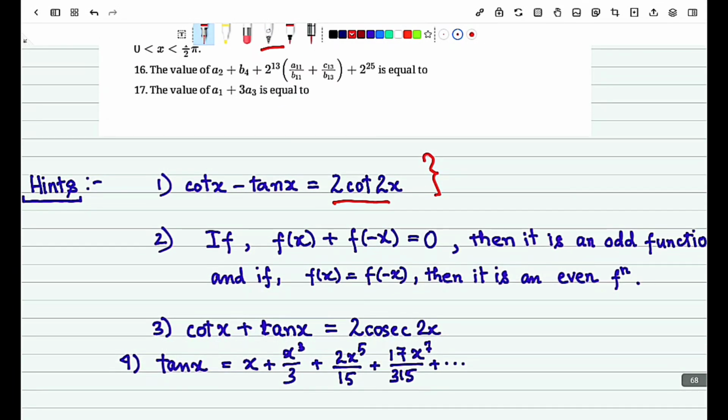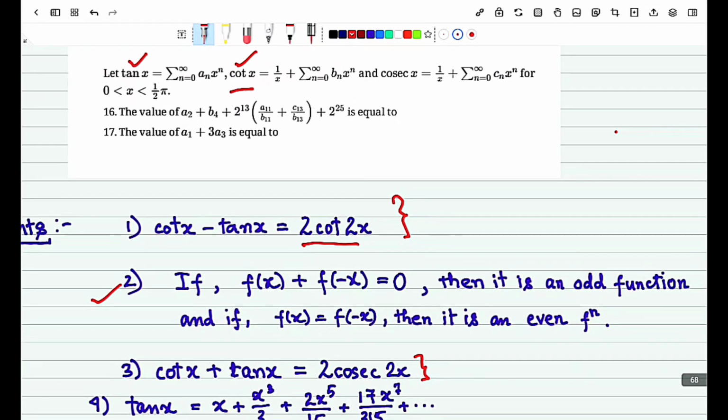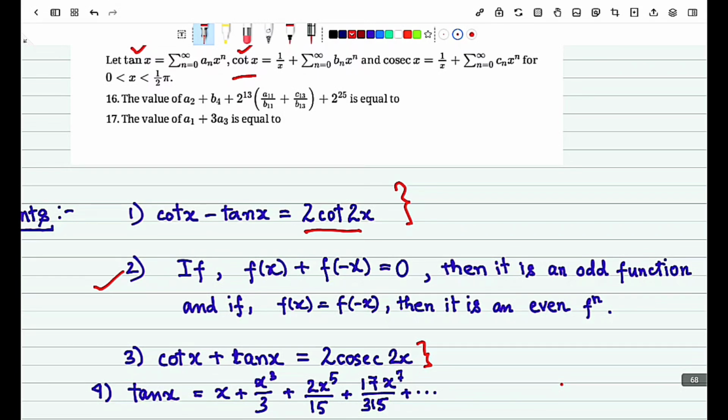Hint number 2 is already told, that is even function and odd function. For hint number 3, we have that cot of x plus tan of x is equal to 2 times cosec of 2x. Similarly, just putting the values and getting things out is not so tough. By the help of the Taylor series, we already know that tan x is equal to x plus x cubed by 3 and so on.